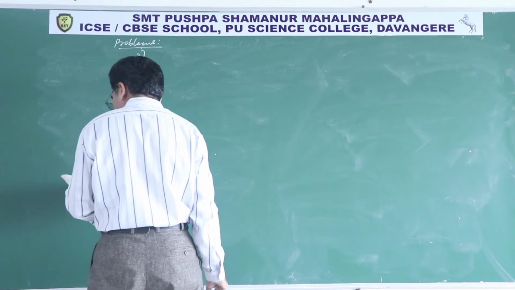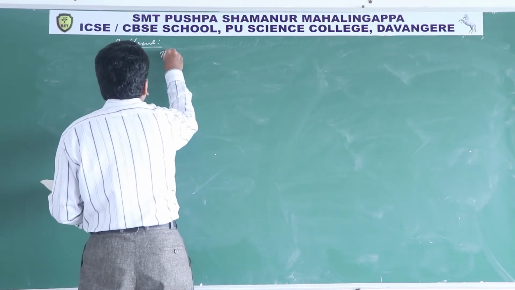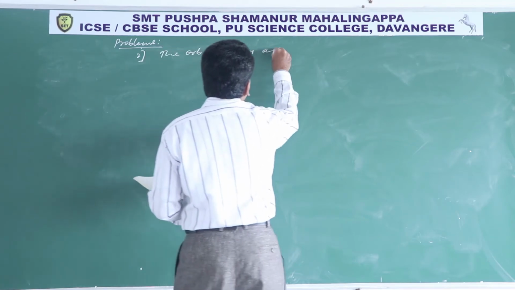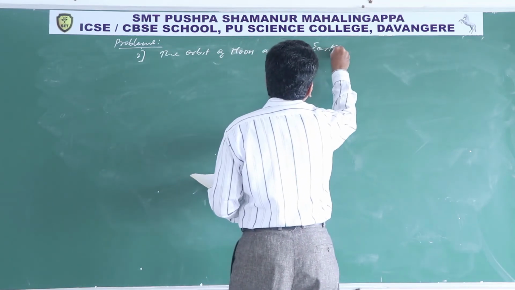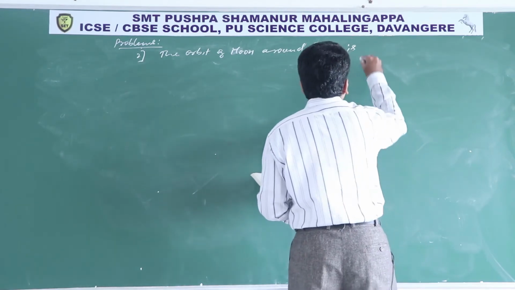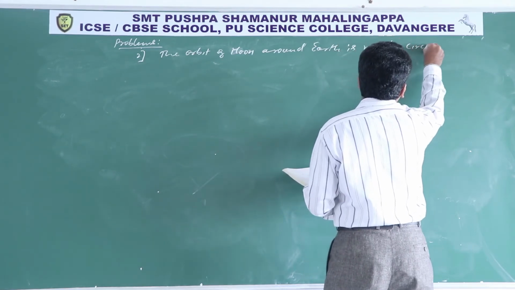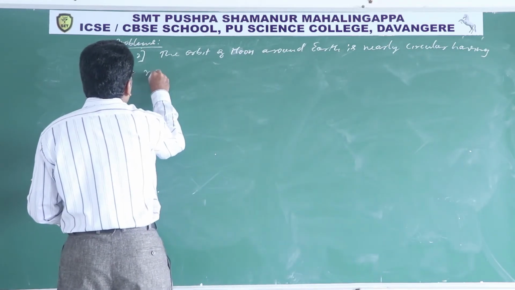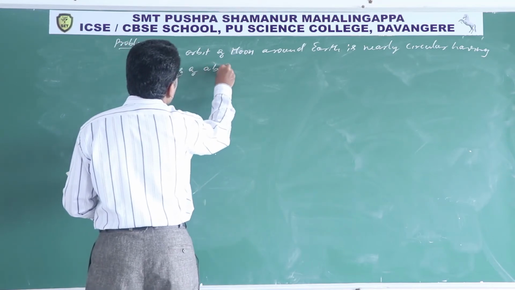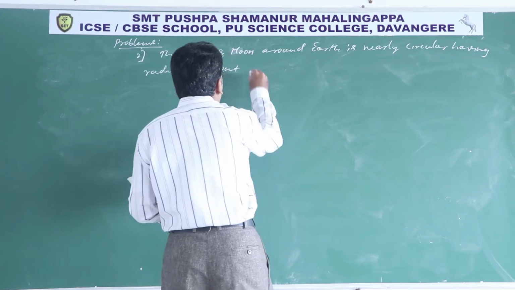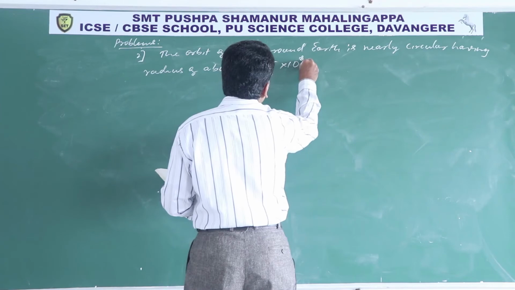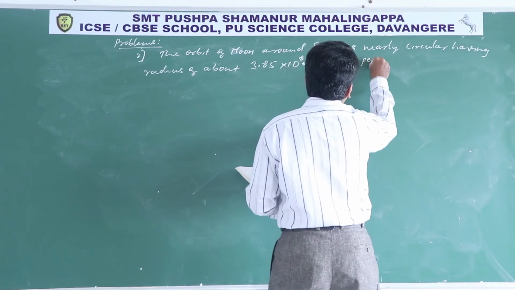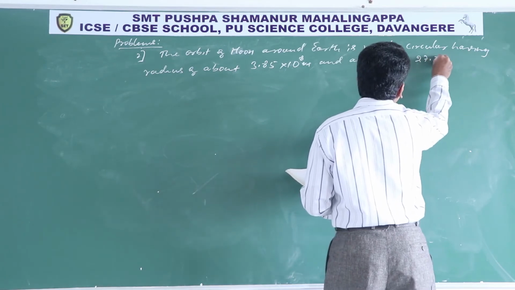The orbit of the moon around the earth is nearly circular, having a radius of about 3.85 × 10^8 meter and a period of 27.3 days.